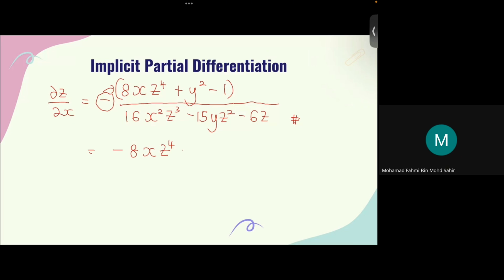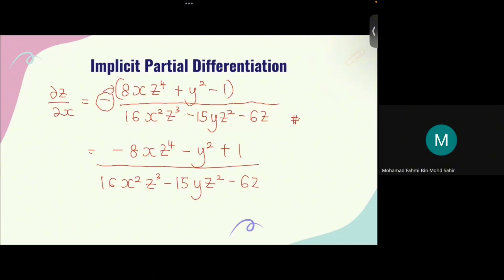Include all of them, so 16 x squared z power 3 minus 15 y z power 2 minus 6z. You can write like this, otherwise you must put a bracket, or you put your negative sign away a little from the fraction. So this is del z, del x.